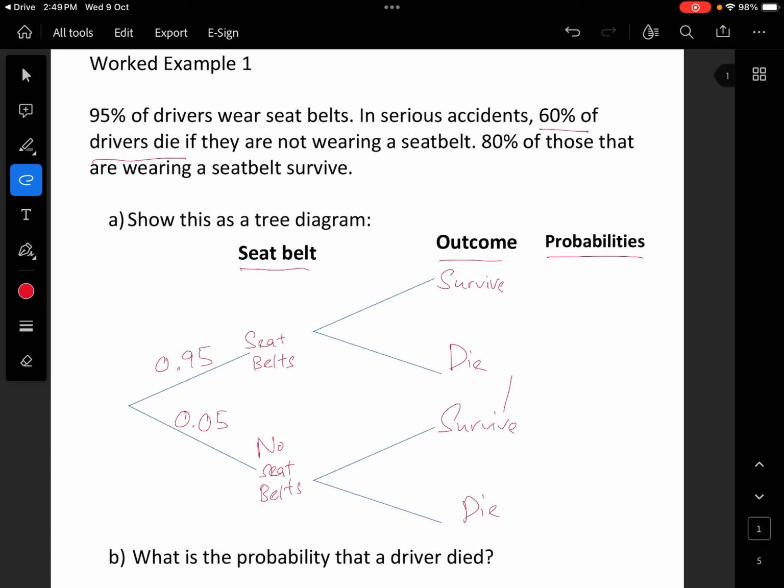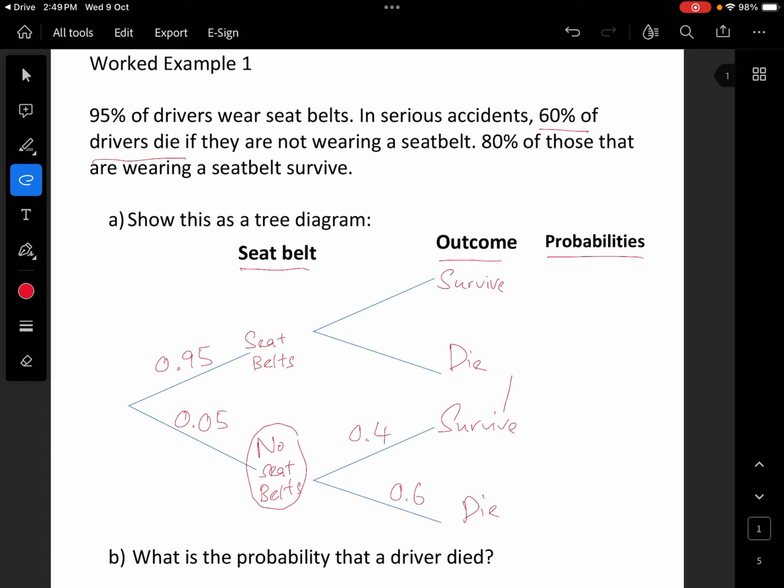So we need to look at where is no seatbelt. We know that 60% of the drivers will die if they don't wear a seatbelt, so this would be 0.6. Then the probability of drivers who survive if they don't wear a seatbelt would be 0.4, because if you take 1, subtract 0.6, that gives me 0.4.